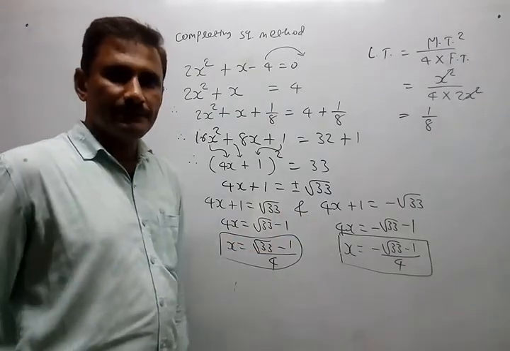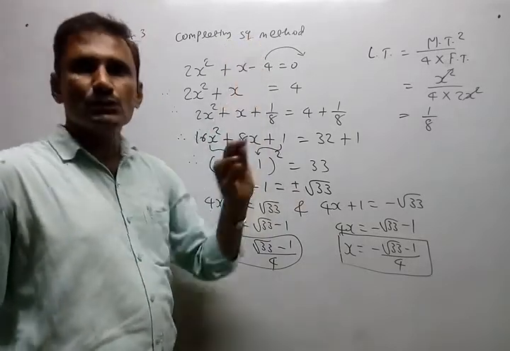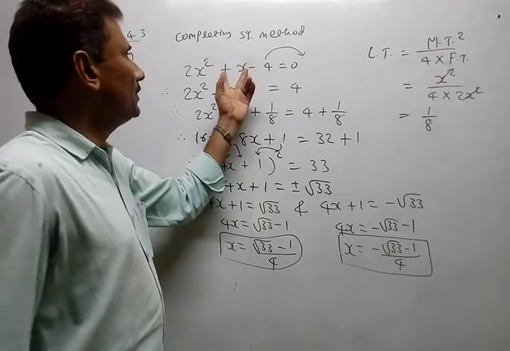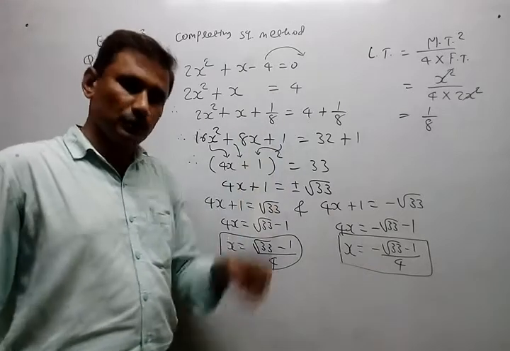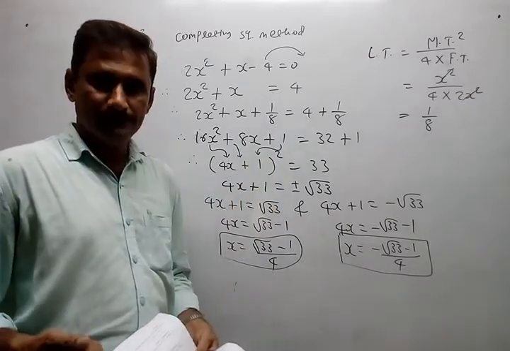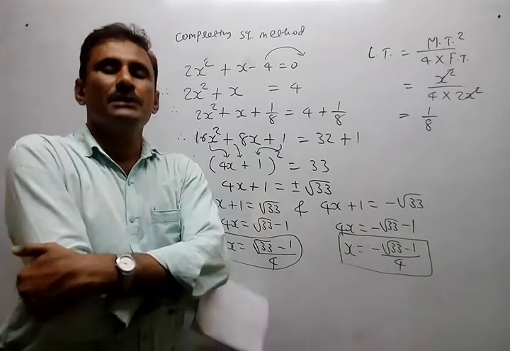Now, one other thing. This sum has clearly asked us to solve by the completing square method. Even if you want to try the factorization method, it is not possible. Why? Because the factorization method is possible only whenever the roots or solutions are rational.